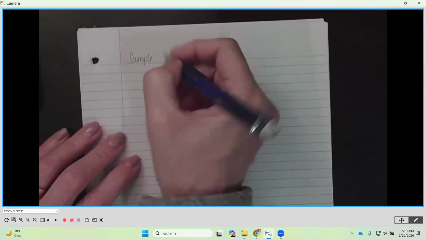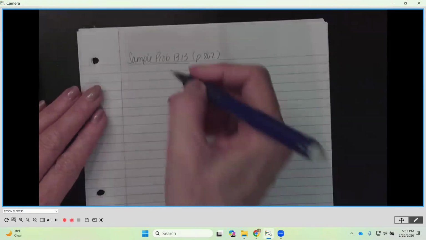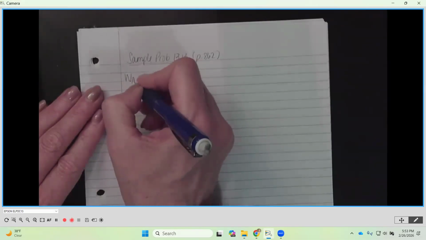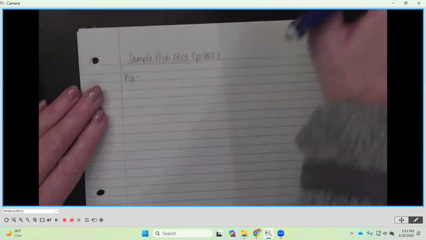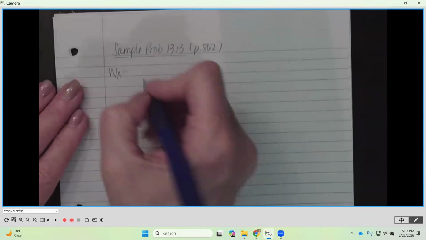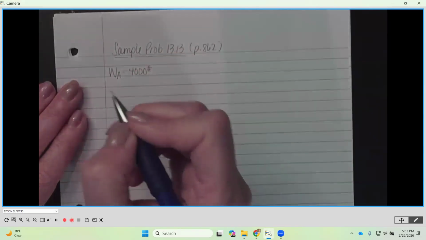So if we go underneath our camera here, this is going to be sample problem 13.13. And again, if you want to put the page, it's page 862. As far as our givens, we were given the weight of the automobile, so that's going to be WA, and that was equal to 4,000 pounds.